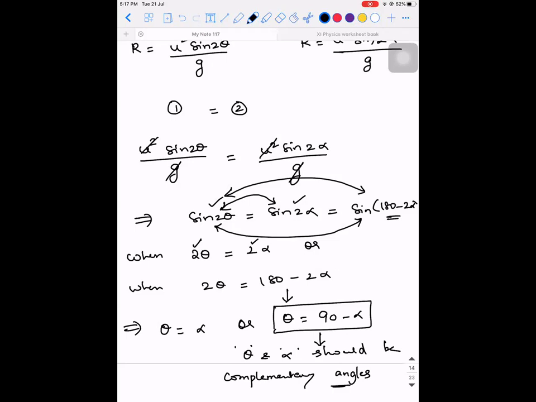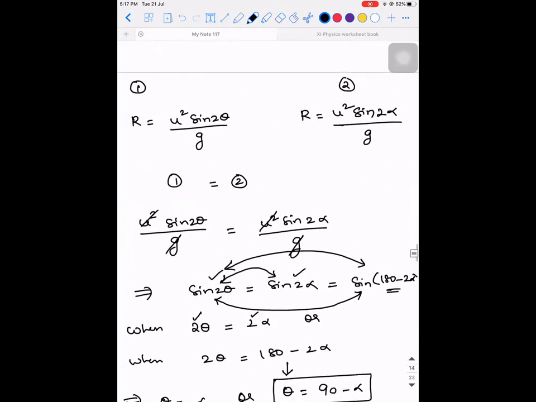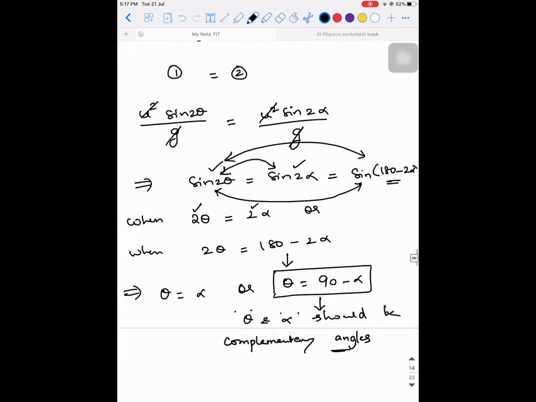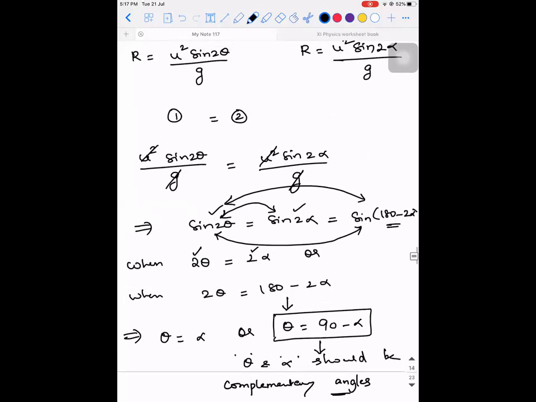So if theta and alpha are complementary angles with the same velocity of projection, then the range attained by both the particles would be the same. Is this clear? So these are all very important concepts. Make a note of it.